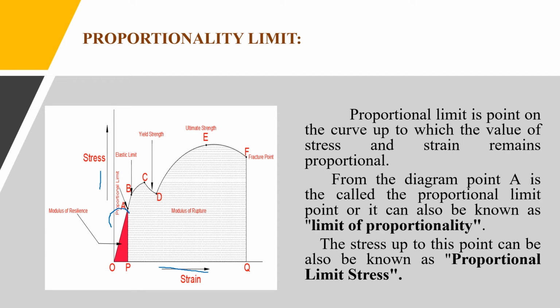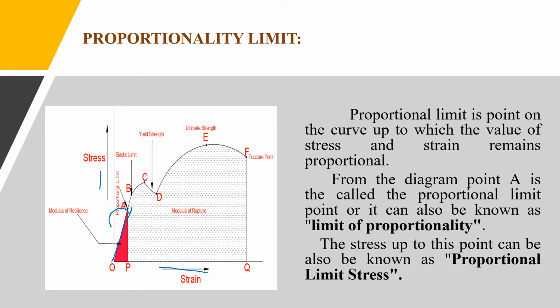Up to the limit of proportionality, the stress is directly proportional to the strain, meaning up to that point the ratio of stress and strain remains constant. So that point is called the proportionality limit stress, or limit of proportionality, this point A.